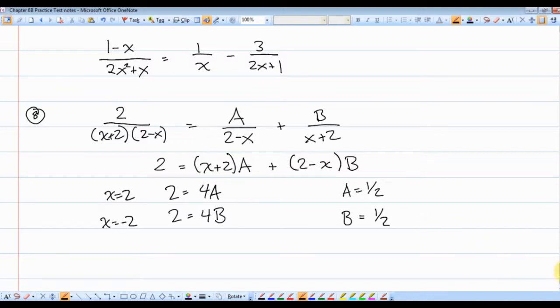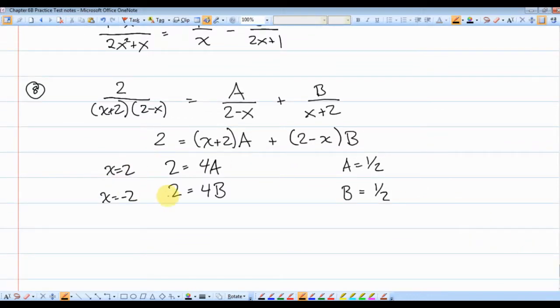Okay. So we're good. We have 2 over x squared... no, it's just like that, right? (x plus 2)(2 minus x) equals 1 half over 2 minus x plus 1 half over x plus 2.